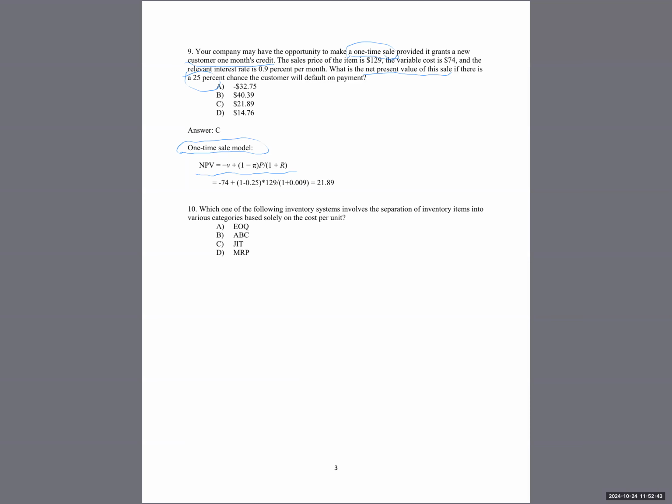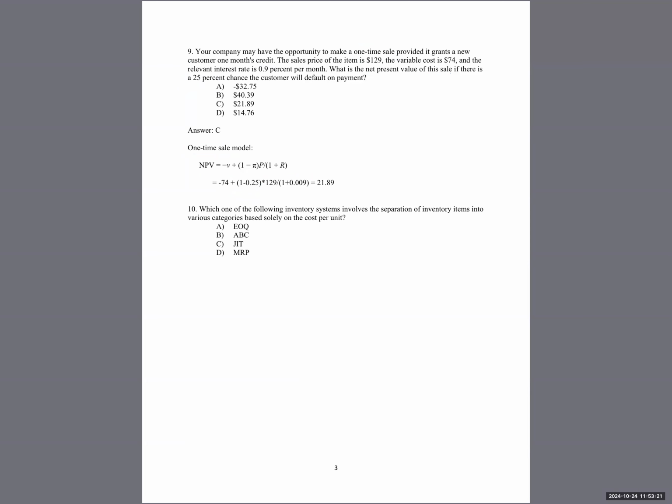We know the variable cost is 74, the default risk is 25%, the sales price is 129, and the interest rate is 0.9%, so 0.009. So we can find the NPV is $21.89. Okay, that's question 9.